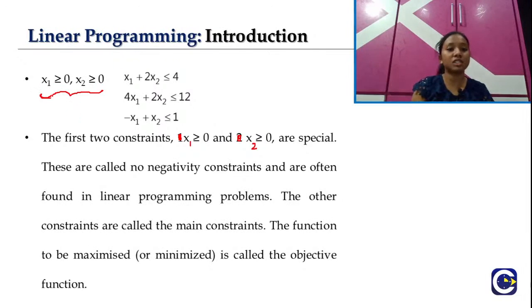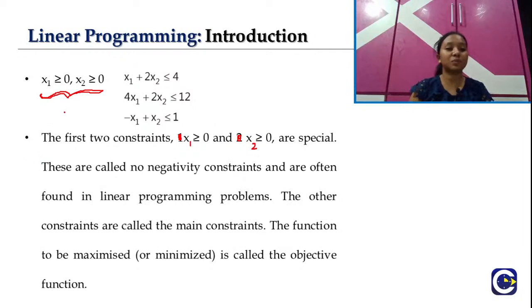These two constraints are called special because they are called non-negativity constraints. Here we don't have any negative. x1 greater than equal to 0 means positive and x2 greater than equal to 0 means again positive.